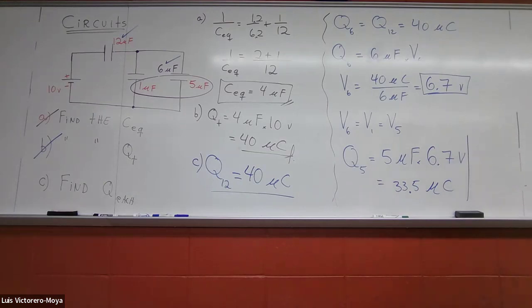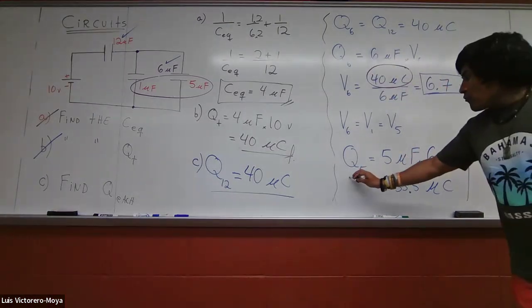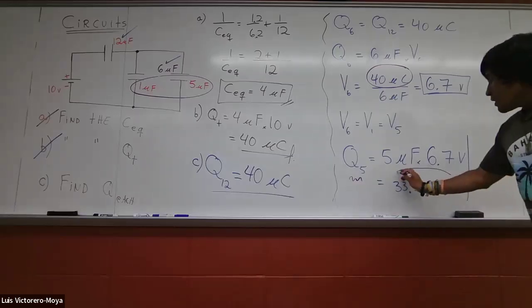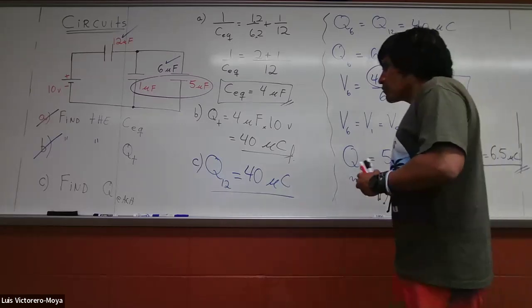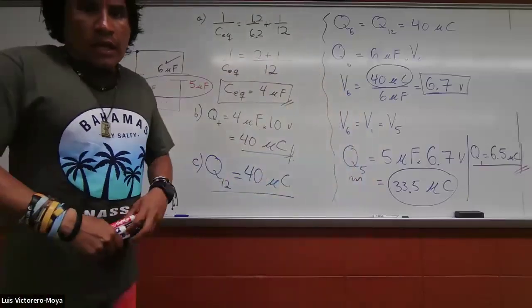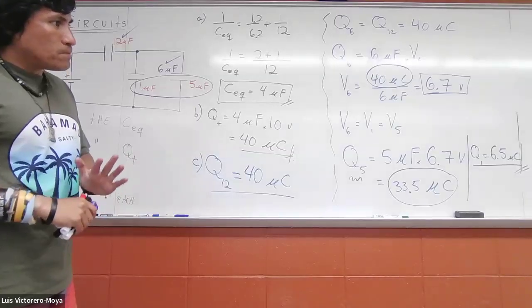Now, the total charge is 40. The charge on 5 is 33.5. That means that the charge on 1 is 40 minus 33.5, 6.5 microcoulomb. And that's how you split charges and voltages.